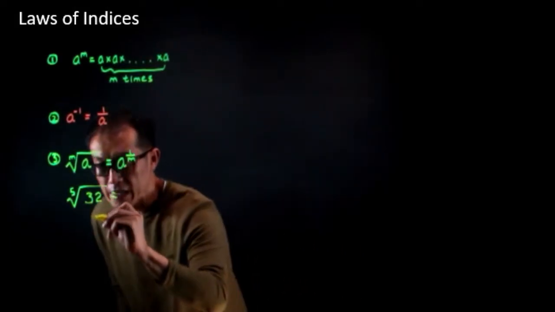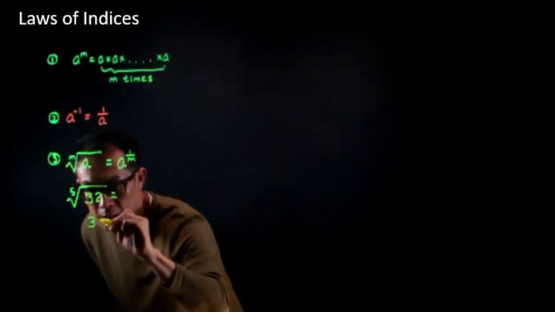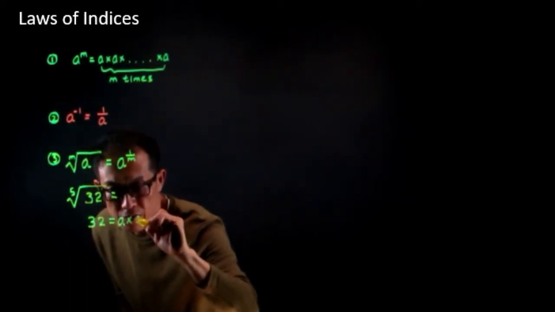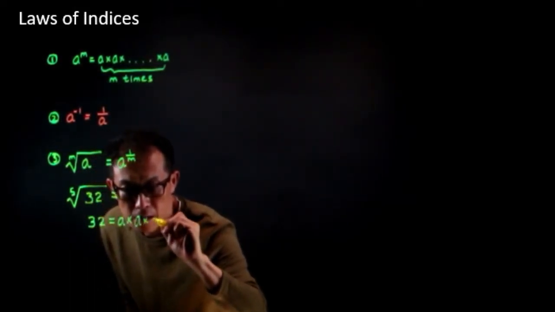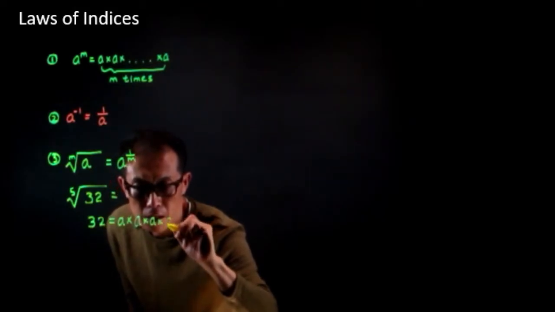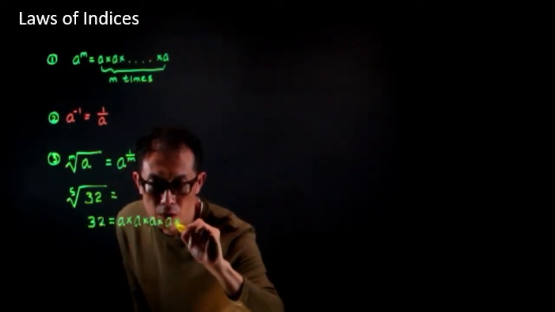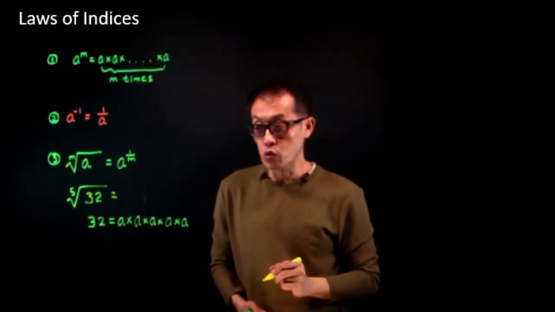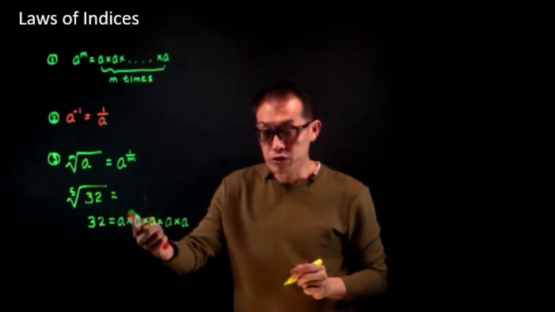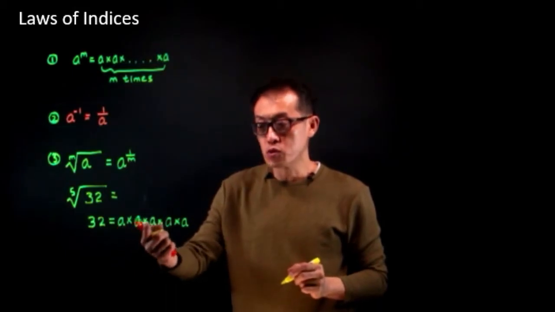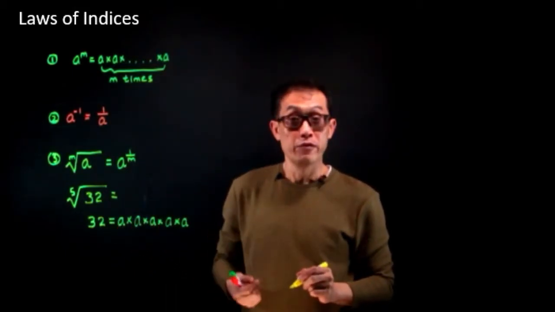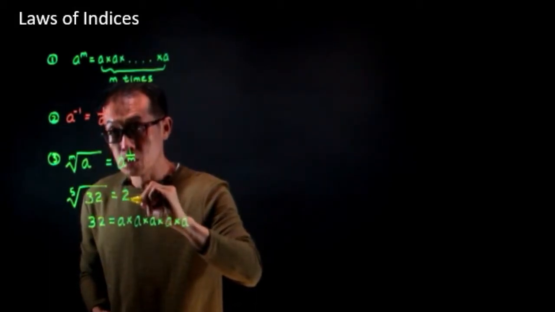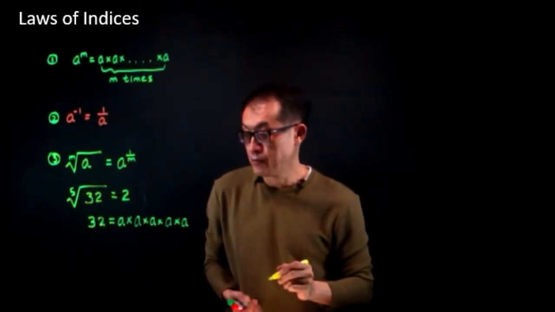That means you want to find a number A that times itself 5 times: 1, 2, 3, 4, 5. And that number must give you 32. If you try the number 2, 2 times 2 times 2 times 2 times 2 will give you 32. So this answer is 2. I give you another example.